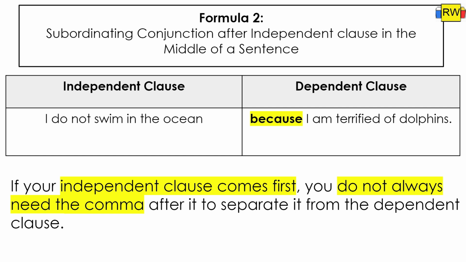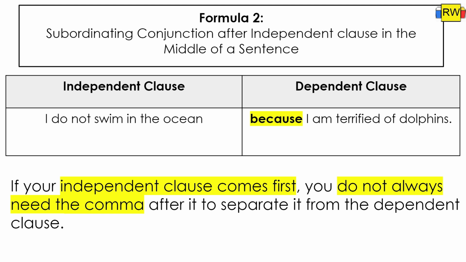That's a complete thought. Then you'll see a dependent clause follows it. Because I am terrified of dolphins. We know that this is a dependent clause because it starts with the subordinating conjunction because. So going from that because all the way to the next punctuation mark, the period, is the dependent clause.